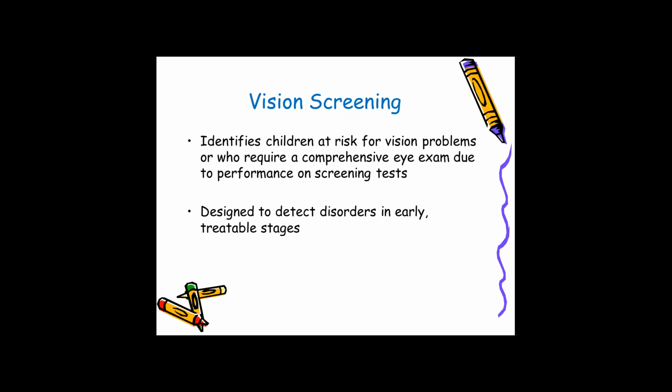Vision screenings are made up of a few tests that identify children who are most at risk to have potential vision problems. It's not diagnostic. A good vision screening is one that is labor-intensive, as 53% of you know, but early detection and treatment can improve the outcome for most vision problems in children.